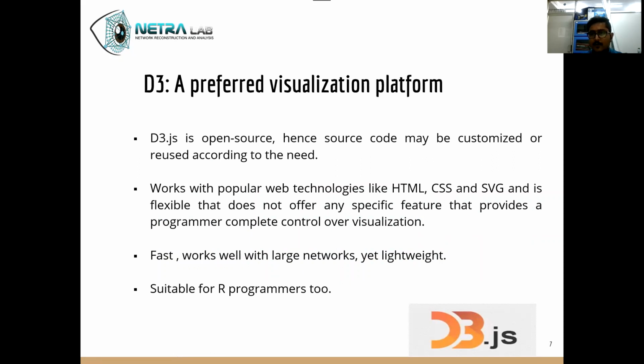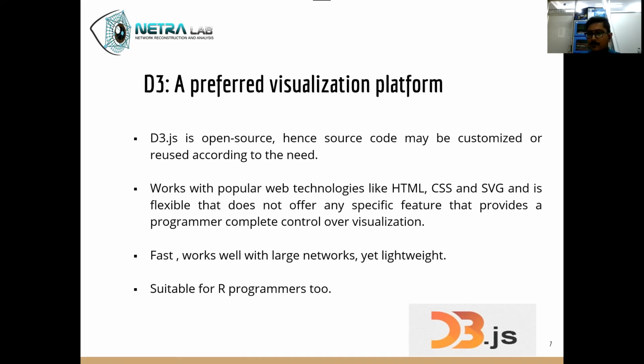So here are a few key points that we have highlighted. D3JS is open source, hence source code may be customized or reused according to the need. It also works with the popular web technologies like HTML, CSS, and SVG, and also recent technologies like React.js, AngularJS, Vue.js.